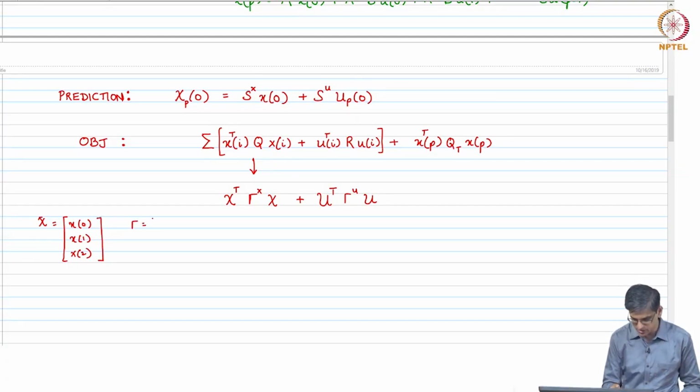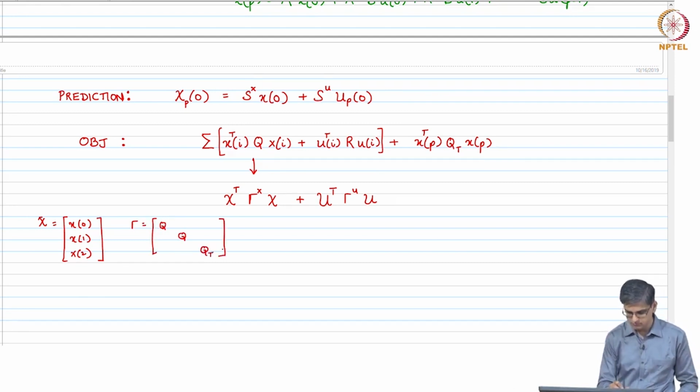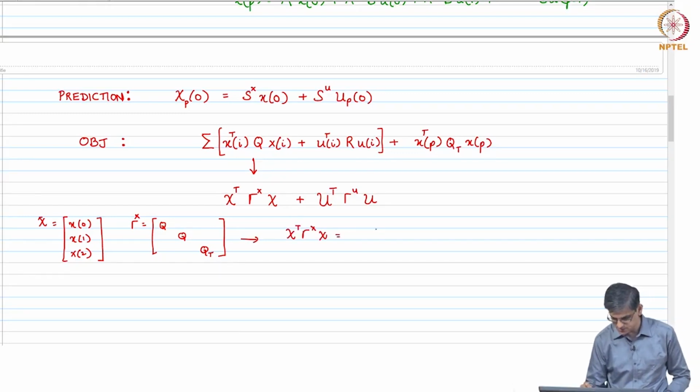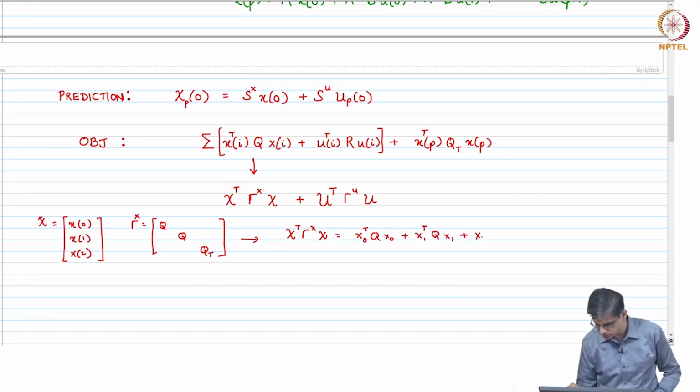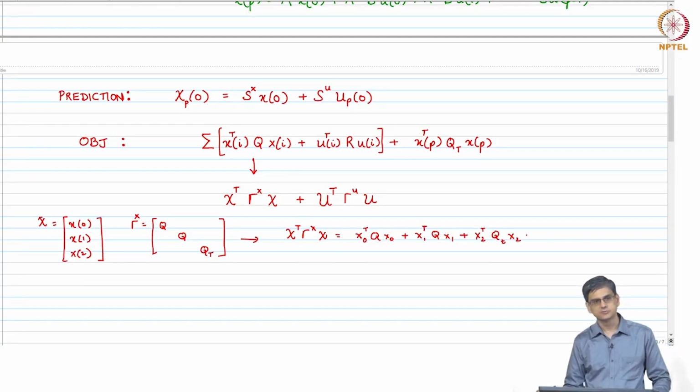Let us say your gamma was q, q, qt, okay. Then x transpose gamma x is going to be x naught transpose q x naught plus x1 transpose q x1 plus x2 transpose qt x2. That is how it will be.